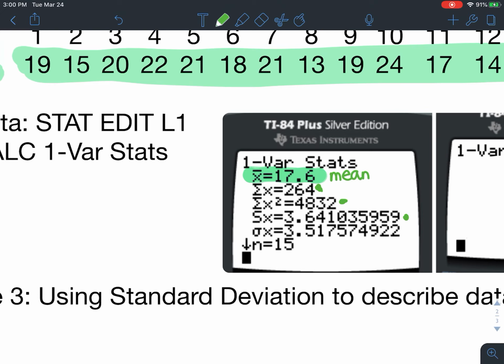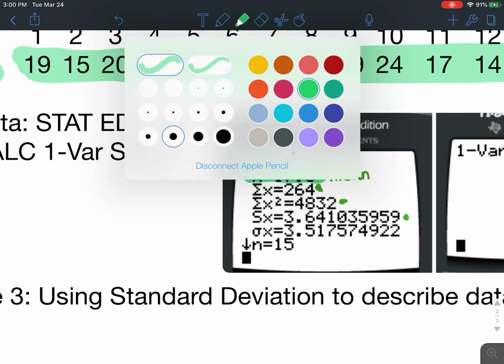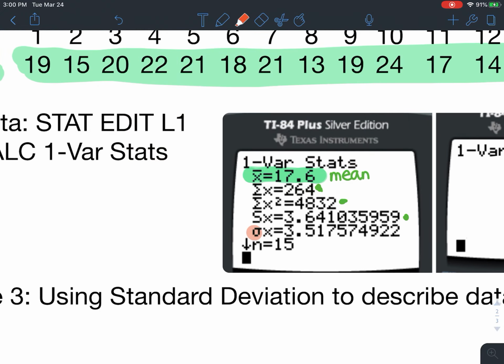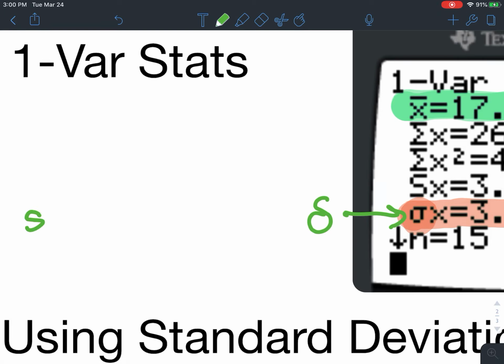But I don't know if you notice this, because it's a little weird when it's printed. But look at this right here. That's a little baby sigma. They did the best they could there. But there's the baby sigma. So this is standard deviation.